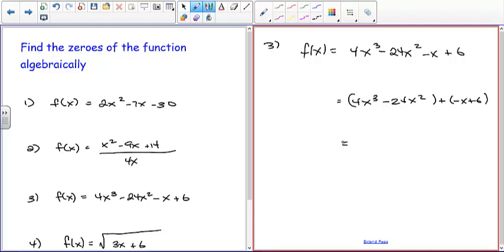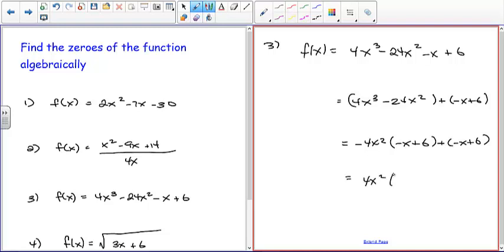Now if I factored out a -4x squared out of the first expression, I get -6 plus -x plus 6. Another way of doing this is I could have factored out a +4x squared.